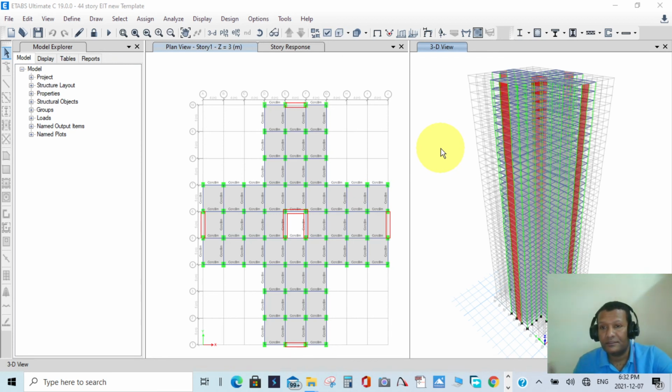Then the global responses of the structures will be compared: the fundamental time period, the frequencies, the shear, moment, story drift, and everything will be compared with each other for the 44 and 100-story buildings. After that, we will change the model into a non-linear model with plastic hinge modeling, and for shear forces we are going to use a fiber modeling approach. After that, we will conduct pushover analysis and non-linear time history analysis to verify the results and check the outputs. That's what we are going to do.